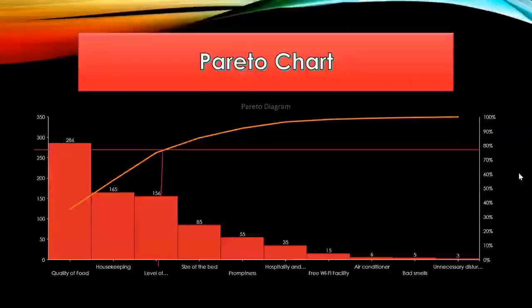Here you can see the Pareto chart that I have prepared by using the information given by the scenario. All right. First of all, here you can see two types of chart. One is the bar chart. The second one is the line chart. A Pareto chart is a combination of the bar chart and line chart.